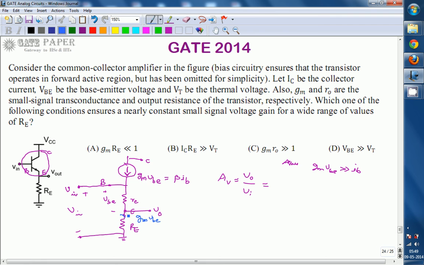Since we are neglecting the base current, the same collector current also flows in the emitter. So gm VBE is the current flowing through small re and capital Re, and V0 is the voltage drop across Re. We can write it as gm times VBE into Re, divided by Vi.